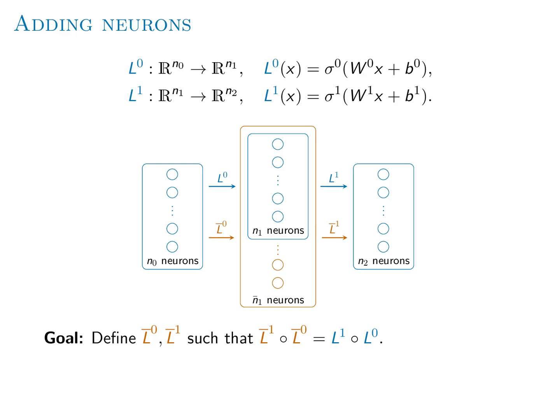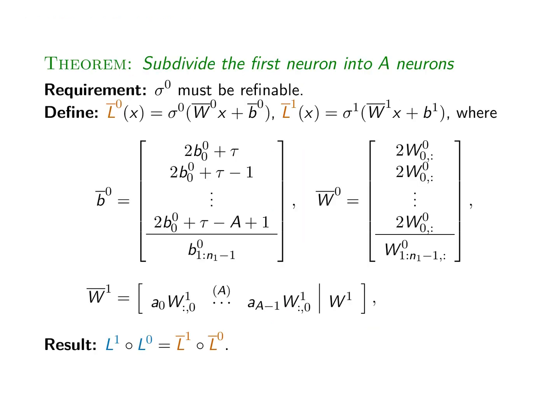Remember, it consists in defining new layer operators so that the composition of them is equal to the composition of the original layer operators. According to this theorem that is in the paper, you only need one thing: that the first activation function, sigma 0, is refinable.